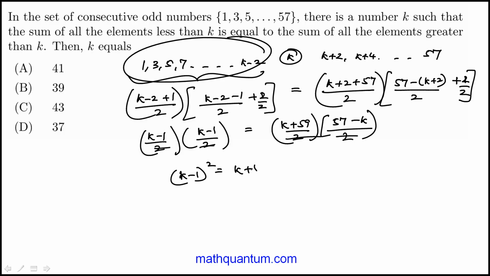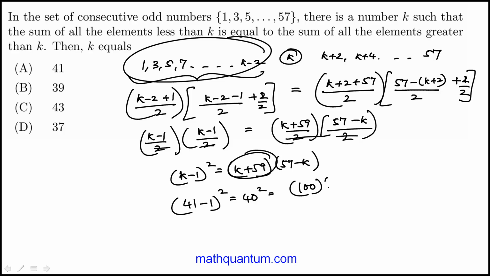So at this stage, you can either just plug in values, or you can do the algebra to find k. If you plug in k equal to 41, you'll see that becomes 40 squared, and then this becomes 100, and 57 minus 41 is 16, and they do indeed are equal. So again, you get the answer 41.